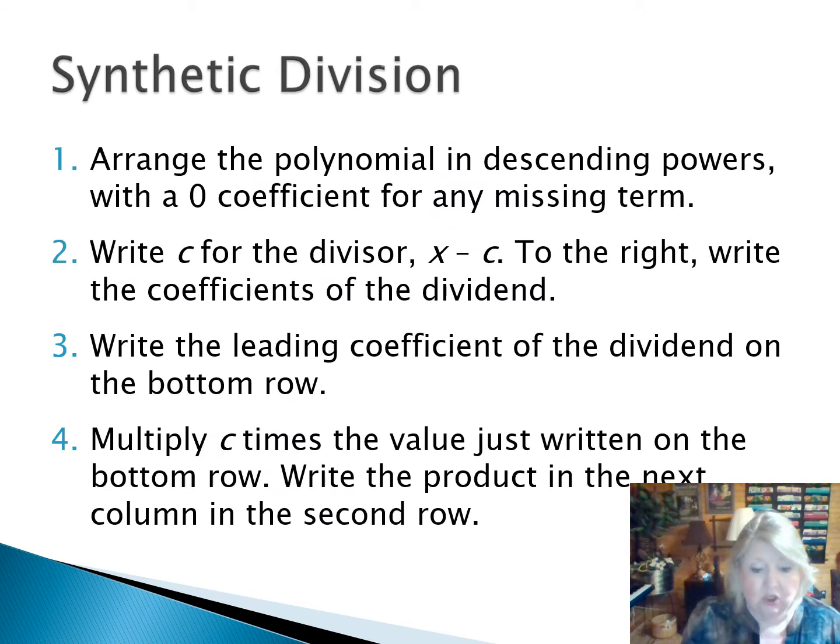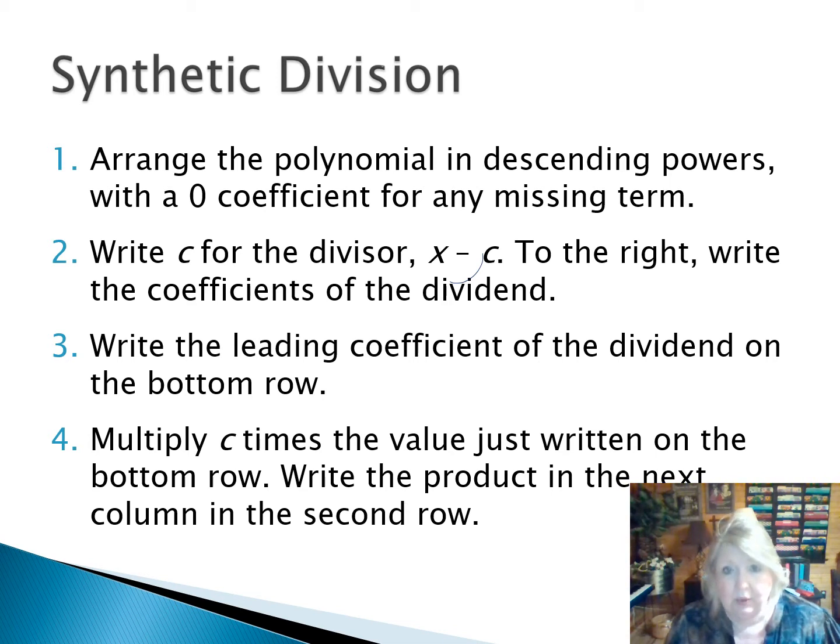Now let's take a look at what that's going to translate into algebraically. We're going to arrange the polynomial in descending powers just like we had to divide, but we're going to stick in a 0 coefficient anytime we have a missing term. So if I have 0 x squared, I write out 0 x squared. Then we're going to write c for the divisor x minus c, so I'm thinking of the minus here, so be cautious with that.